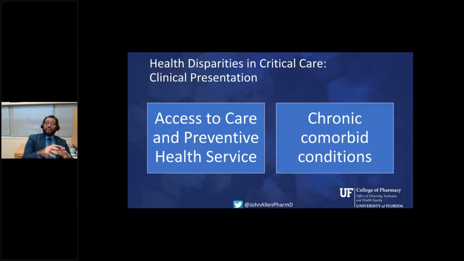All right, so those factors that really have been demonstrated to lead to disparities in clinical presentation have largely been defined as those that contribute to access to care and preventative health services, as well as those chronic comorbid conditions. And so we know, for example, the higher rates of invasive pneumococcal disease in African Americans are most likely due to lower rates of pneumococcal vaccinations.